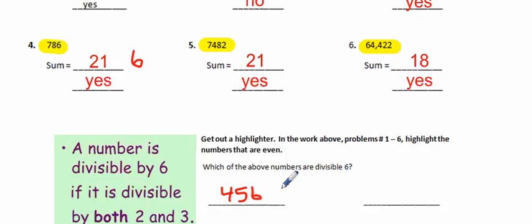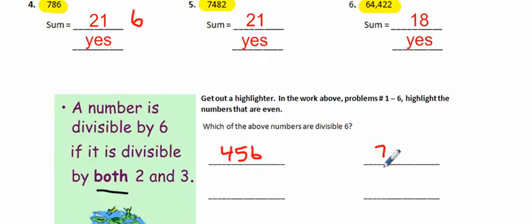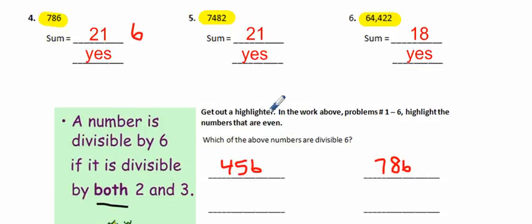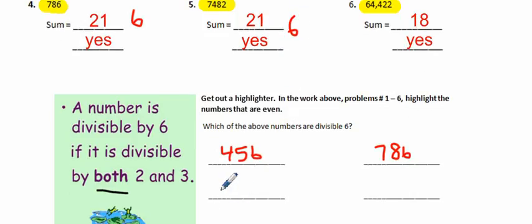So 786, I'm going to add to my list. Number 5, it's highlighted and it has the word yes. So I'm going to throw a 6 here, and 7,482. And for number 6, it's highlighted and has the word yes. That means it's divisible by 2 and it's divisible by 3. So therefore, it's divisible by 6.